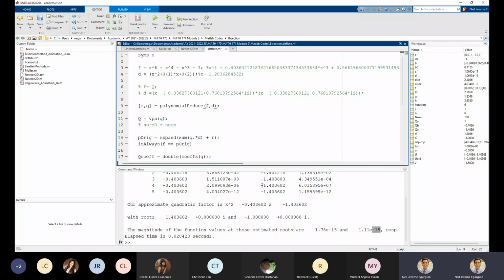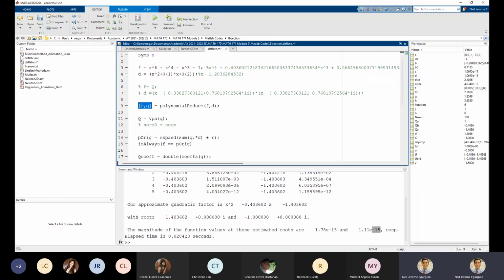Ang inputs niya ay the dividend, tapos comma, yung divisor. Okay. Tapos ang ibibigay niya sa atin ay isang vector. Ang laman ay si r at saka si q. Sino si r? Si r yung remainder, si little q siya yung quotient. Okay? Yun yung output ng polynomialReduce. Kaya lang, ibibigay sa akin ni Matlab ay symbolic value. So exact yung computation niya. Mga fractions or mga mahabang decimals yung ibibigay niya sa akin for r and for q.